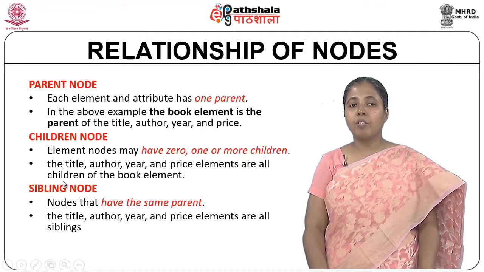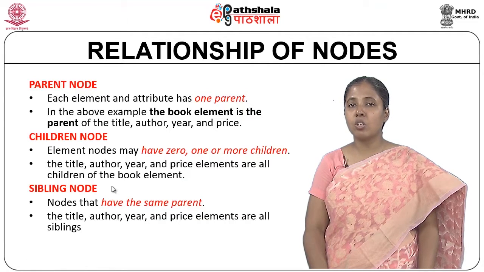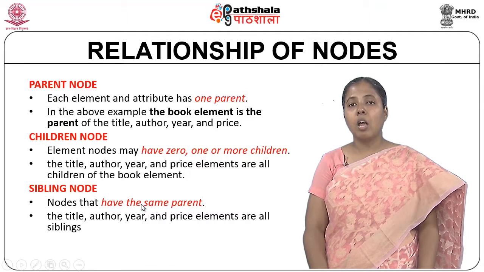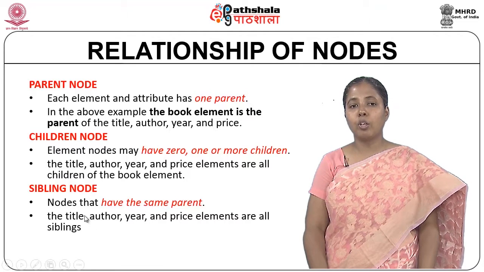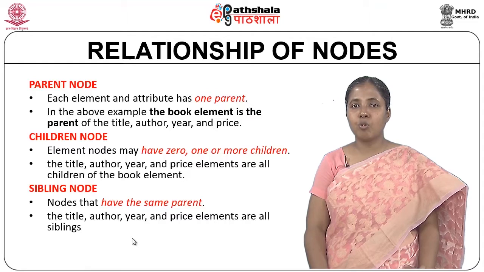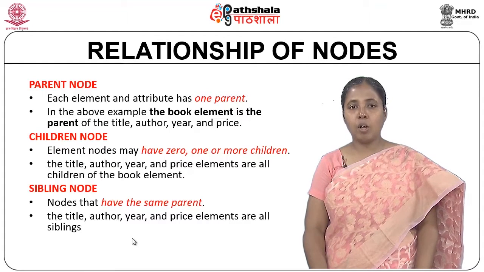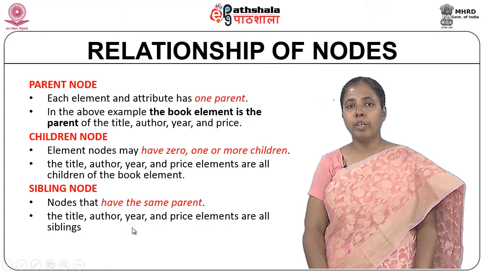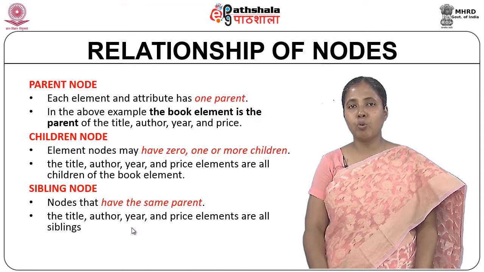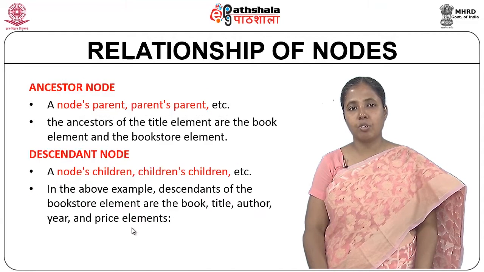So, the title, author, year, price elements are all children of the book element. Sibling nodes are the nodes that have the same parent. So, title, author, year, price elements are all siblings to one another. This is how the structural relationship between the nodes is maintained in an XML document, and the same structural relationship is also used by XPath technology.